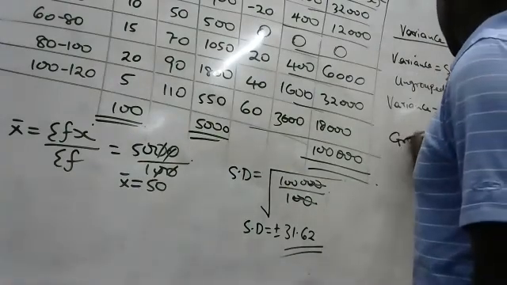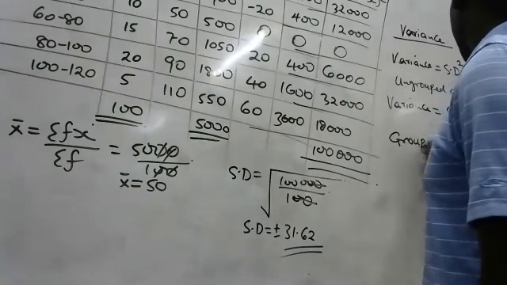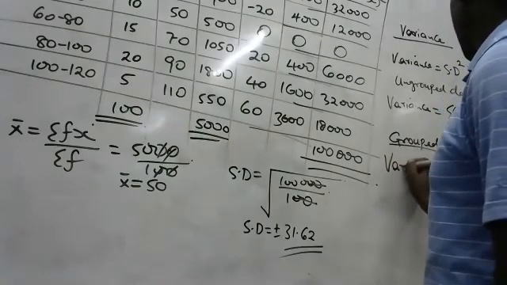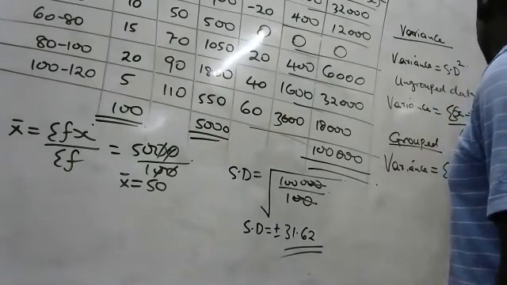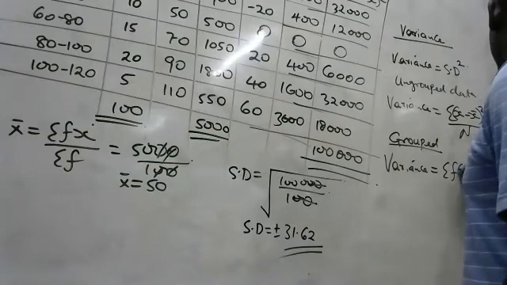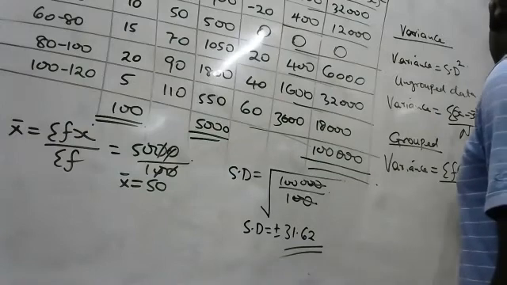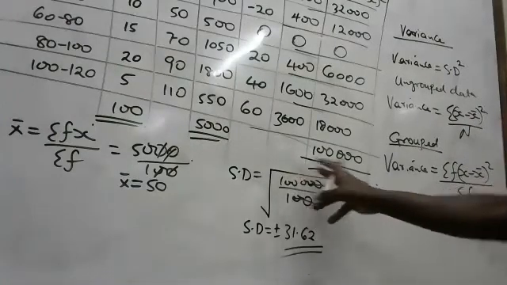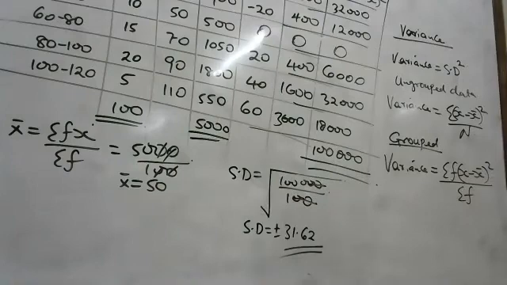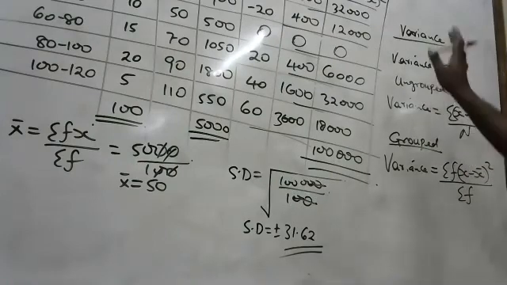For grouped data, the variance is going to be the summation of f into x minus x bar squared over the summation of f, without the square root. You calculate that, and you don't put any square root, and that is your variance.